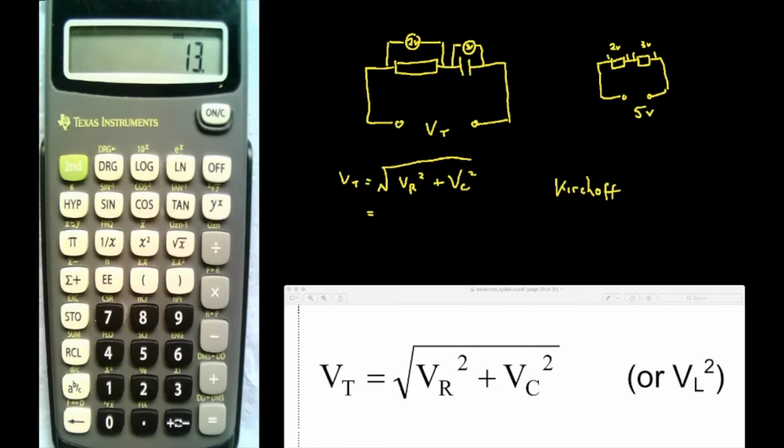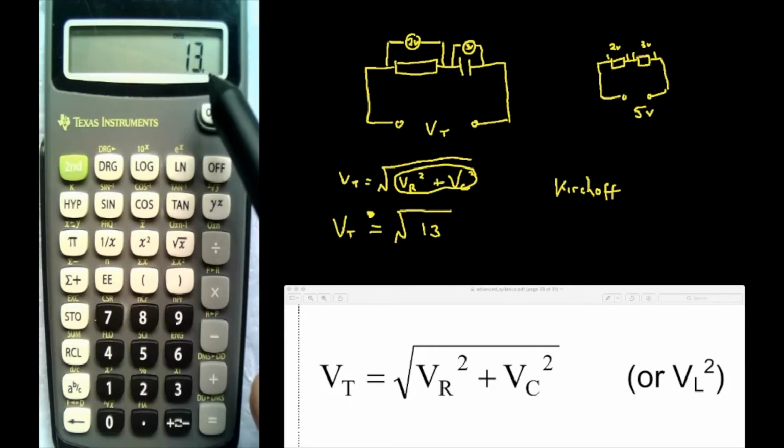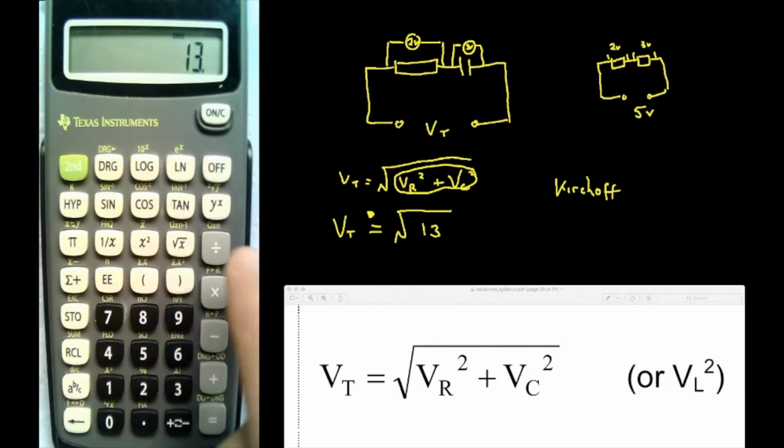So this slot here evaluates to 13. So now Vt equals the square root of 13. I've got 13 in my display already. I simply have to press the root key, and voila, the square root of 13, it turns out, is 3.6.